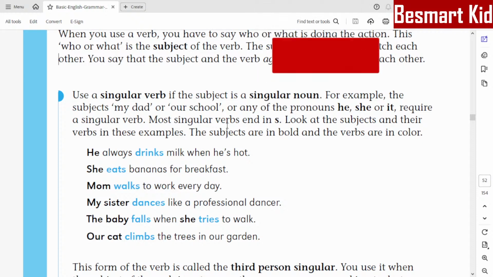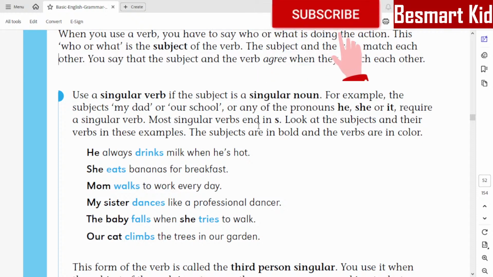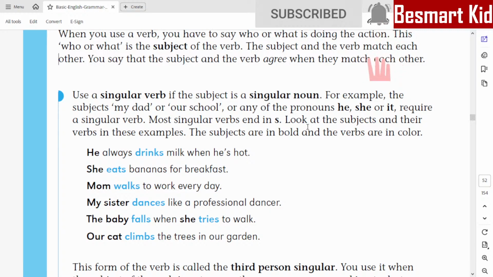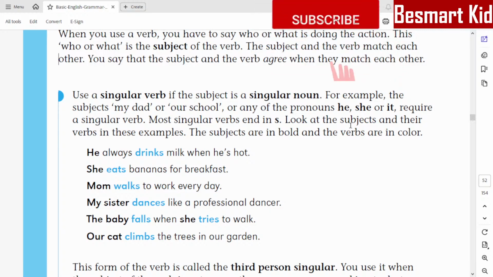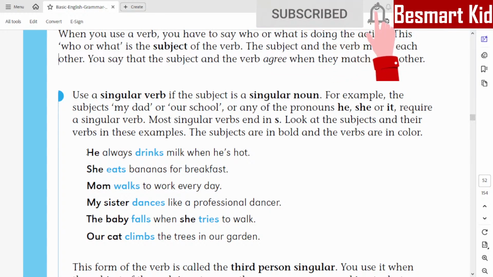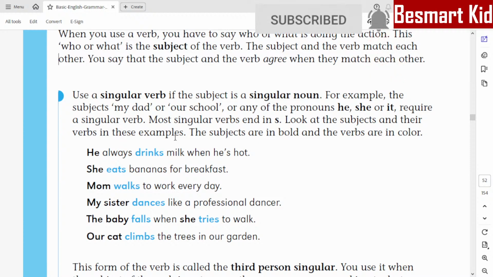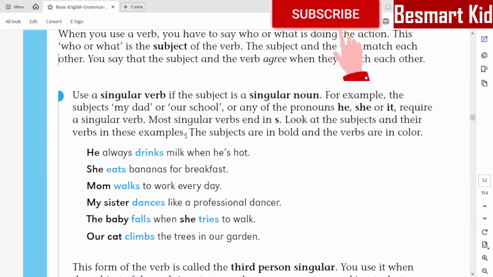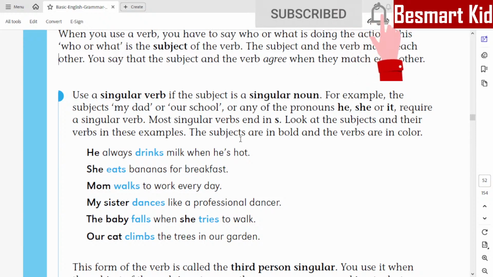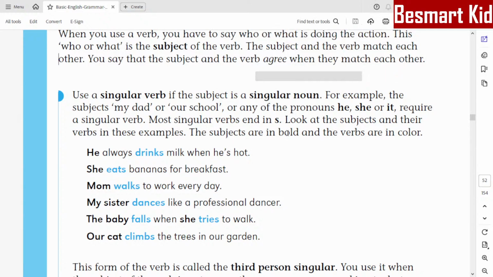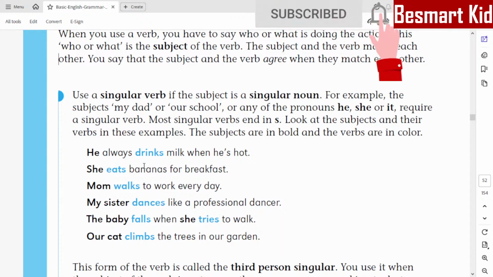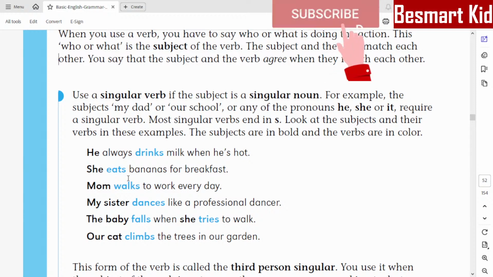Most singular verbs end in s. Look at the subjects and their verbs in these examples. The subjects are bold and the verbs are colored. Here I see the colored one is light blue.